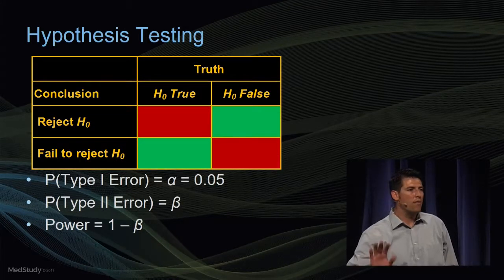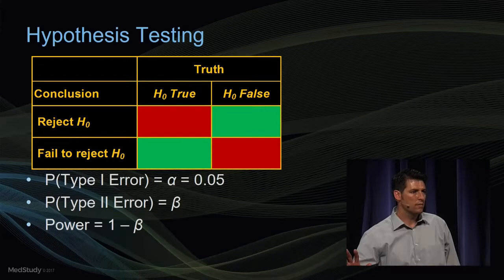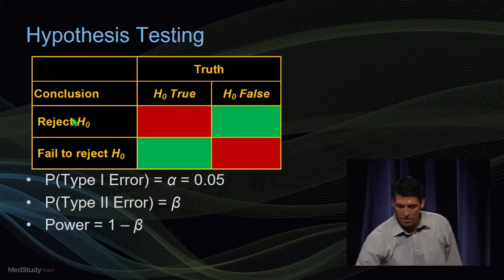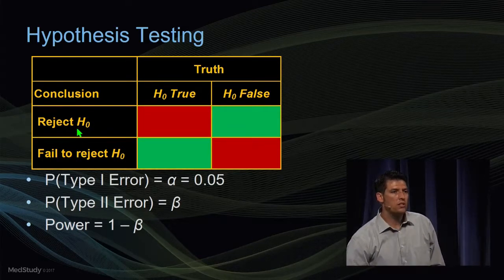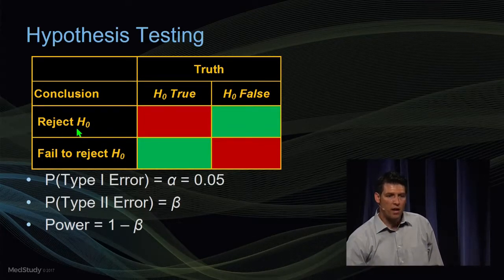Again, we never really know this. What we're just looking for is evidence in favor of or against the null hypothesis. But what we do know is the result of our hypothesis test and the conclusion that could be reached. So the first conclusion is that we reject the null hypothesis. And the second is that we fail to reject the null hypothesis.